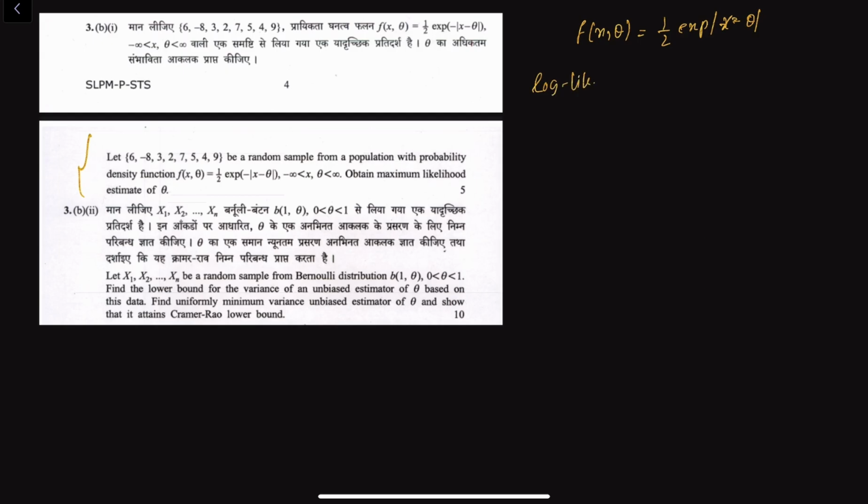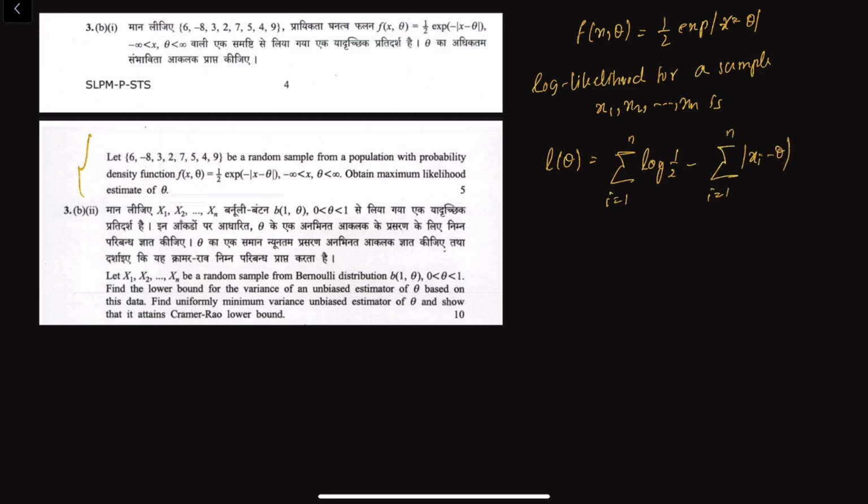If we consider the log likelihood for a sample x1, x2 and so on xn, that would be L(θ) = summation i = 1 to n log(1/2) minus summation i = 1 to n |xi - θ|. Removing the constants, the likelihood is just dependent on this particular function.